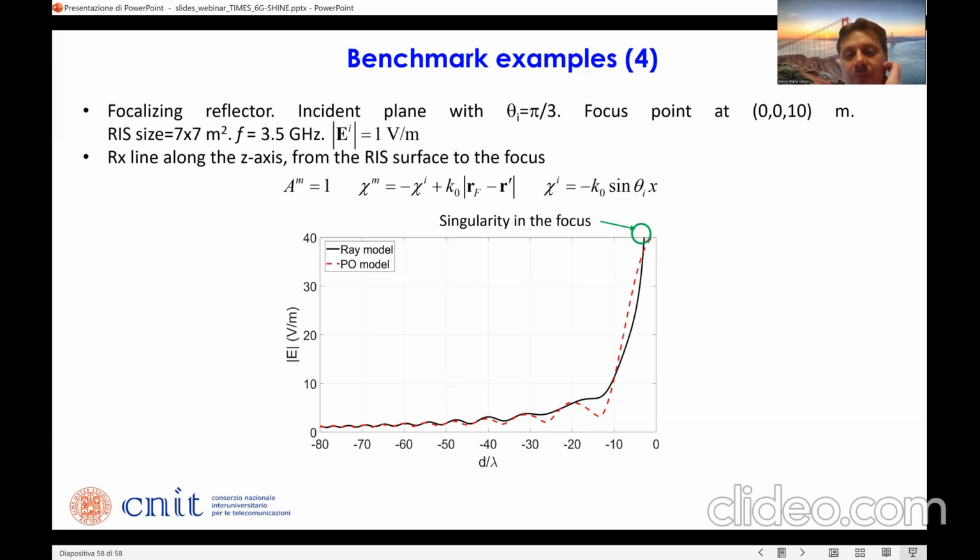Anyway, one of the most important findings is that except for these very particular cases, the accuracy of the proposed fully ray-based macroscopic model is very good, and also the computational efficiency is much better with respect to other methods, either integral or numerical methods.